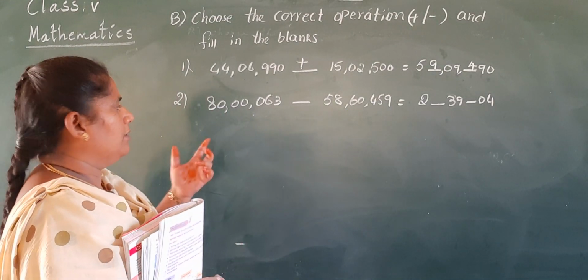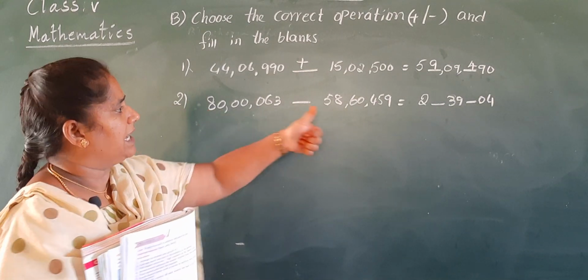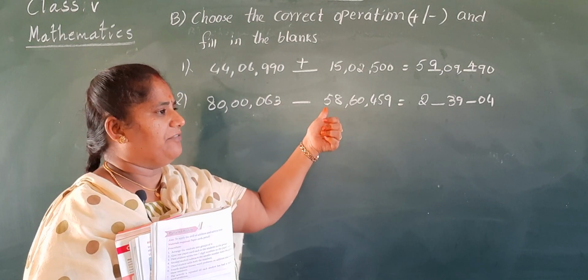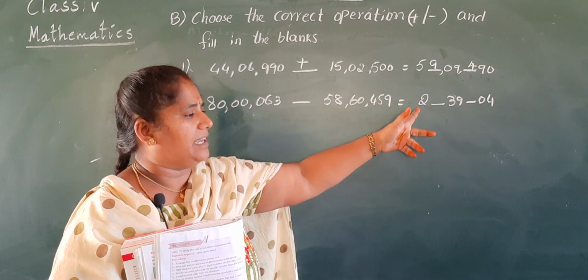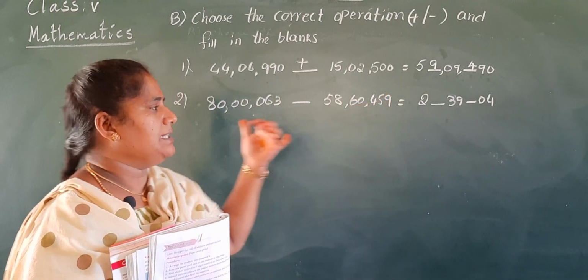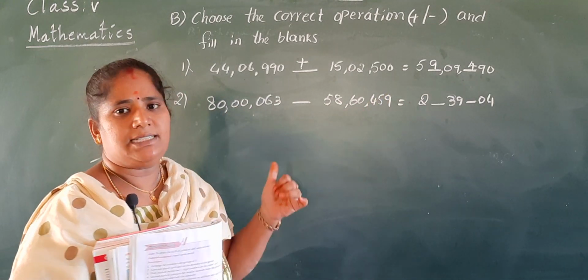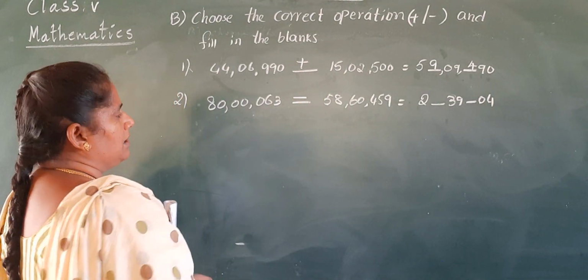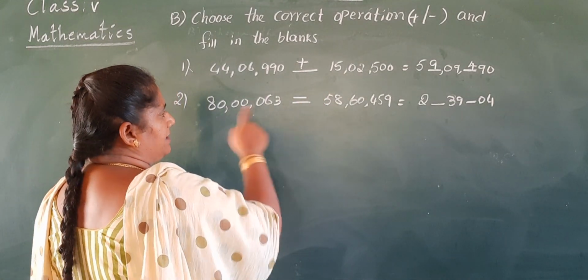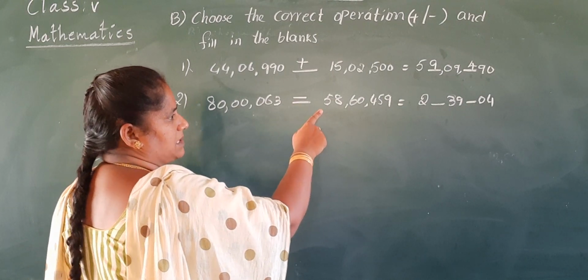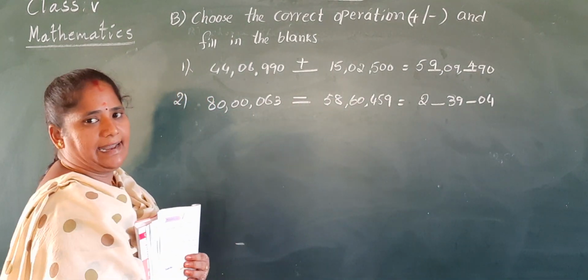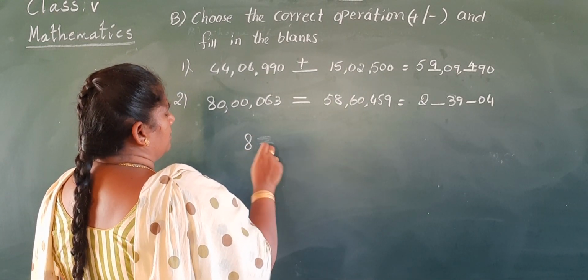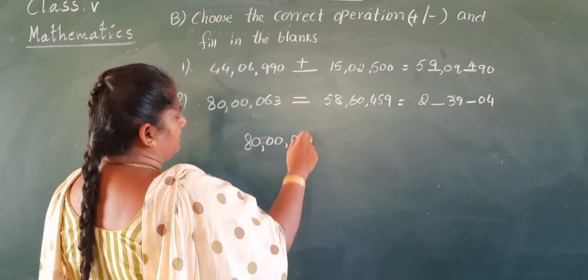Now look at the 10 lakhs place, here 8, here 5, but in the 10 lakhs place of the answer, 2. If you add 8 and 5, we will get a bigger number, but here only a smaller number, 2. That means here we should do subtraction of these two numbers. So we will keep minus. Why did we select minus? If you add these two numbers, 8 plus 5, 13 comes. But here only 2 is given in the 10 lakhs place. So it is subtraction. Now you do the subtraction, then we can get the missing numbers.